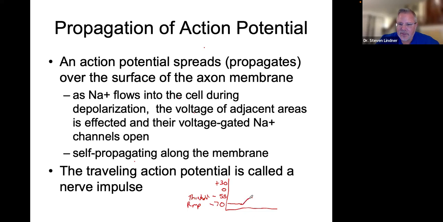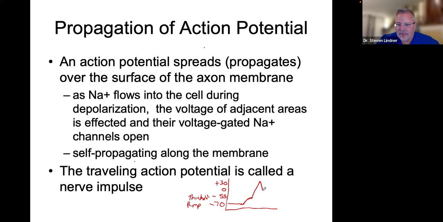You get this little bump up like this, nothing too crazy. But as more sodium rushes in and the activation gate opens, boom, you get that increase. This uprise is depolarization. Then the sodium channel shuts and potassium channel opens and potassium rushes out of the neuron.